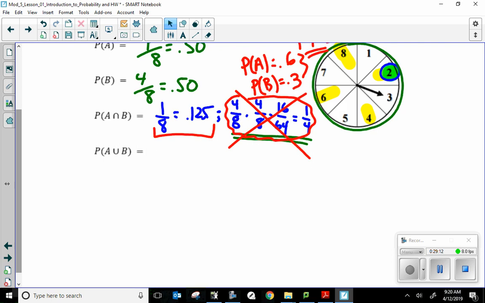Last but not least, A or B. Okay, so let's go back and figure out. I'm going to erase this right now.